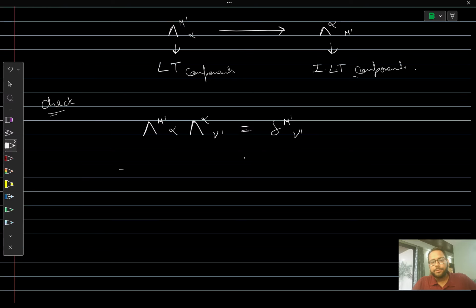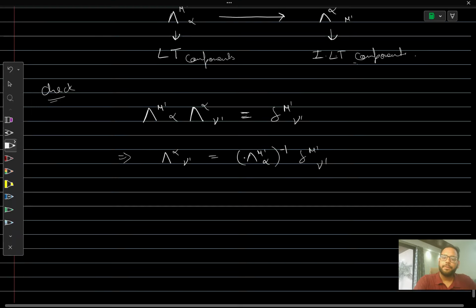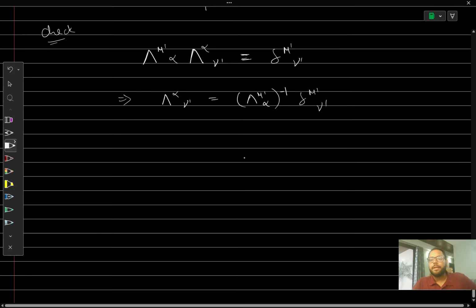You can write it like this also. You just multiply both sides by its inverse and you will get this kind of result. This is the inverse, and you see this is a Kronecker delta.